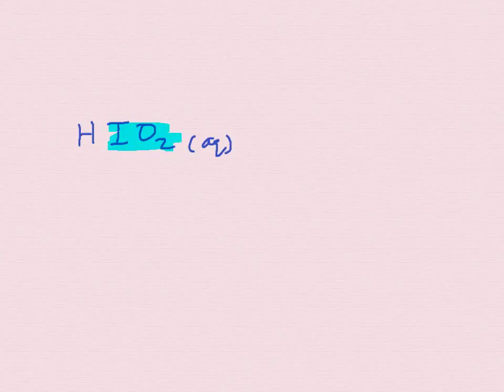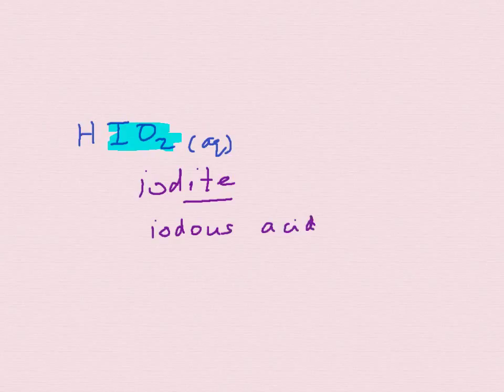So IO2 is called iodite. The ITE ending converts into an OUS, so it becomes iodous acid. Hope this helps you to do some practice on naming your acids, and good luck.